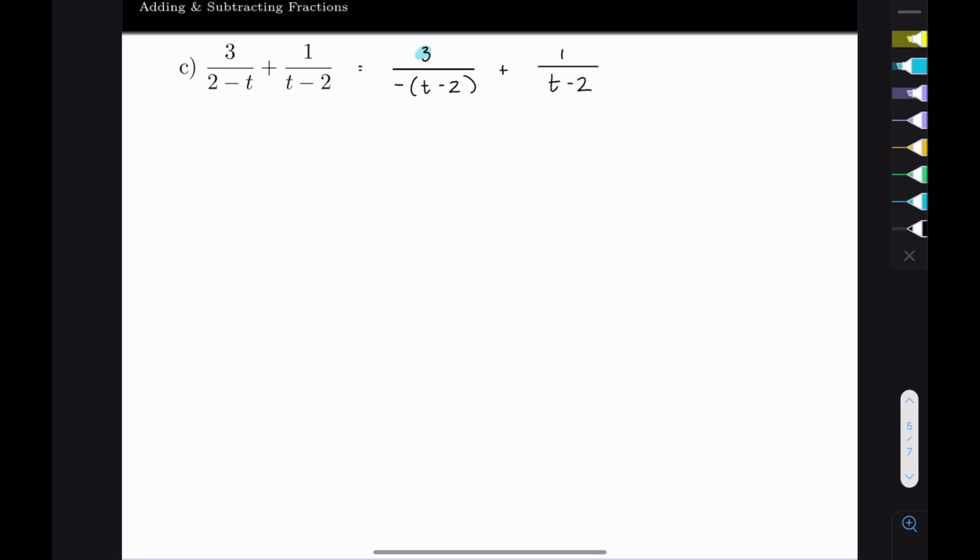Then we have 3 divided by -1, because again, this is really just -1 times that. So we can move that up into the numerator as -3 over t minus 2 plus 1 over t minus 2. And now they have exactly the same denominator, so we just add those numerators together. And that should be t minus 2, not plus 2.